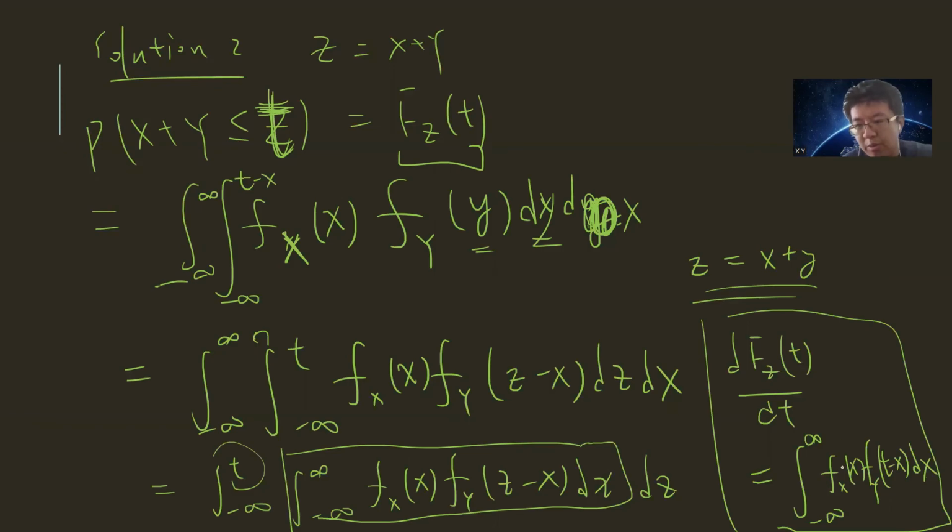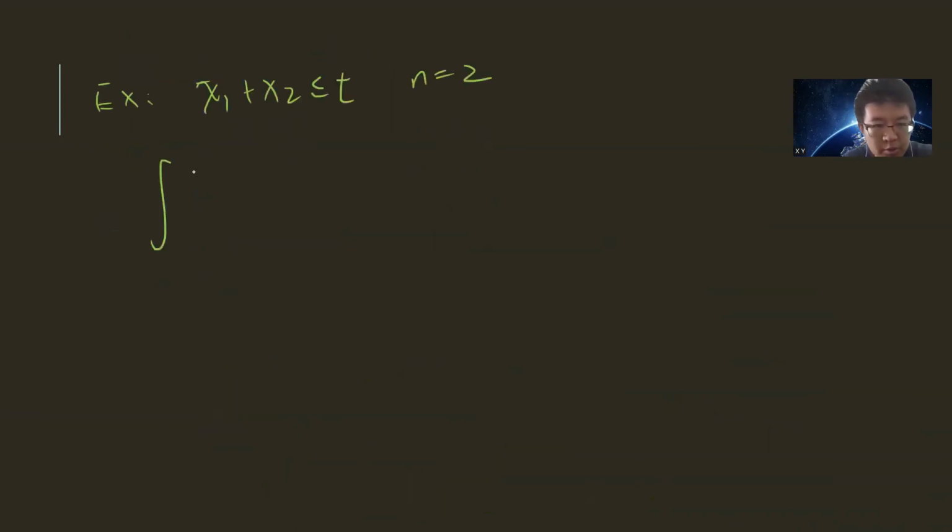For example, if you start from x1 plus x2 equal to t, say n equals 2, you just plug into the formula. Each density is 1, so you get the integral of 1 times 1 dx, but now x can at most go to t.